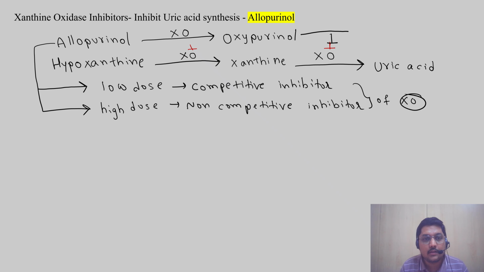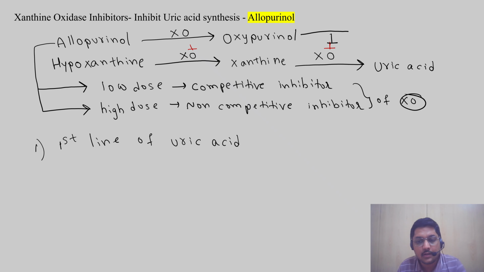So what are the main things which we should know about allopurinol? Number one point is that it is the first line of uric acid lowering therapy. We are trying to decrease uric acid production, right? So to decrease the uric acid production, first line of uric acid lowering therapy is xanthine oxidase inhibitors.